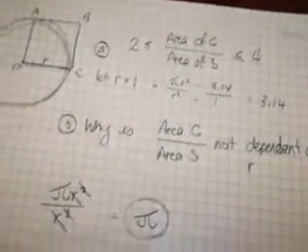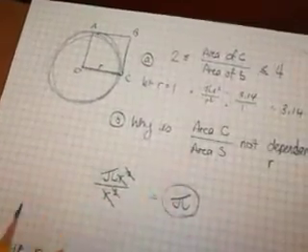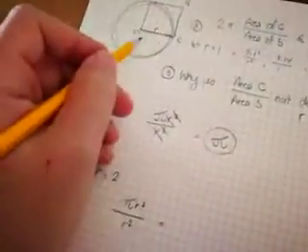It'll always be pi. We've proved here that that's the case because 3.14 is pi. Another way we can test it is we'll say let the radius equal 2. In the same case, the area of the circle will be pi r squared over r squared, which is the area of the square.